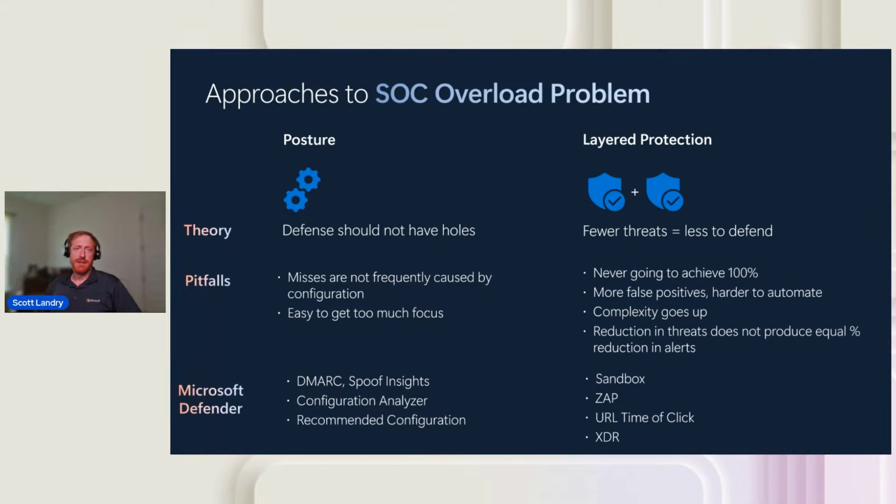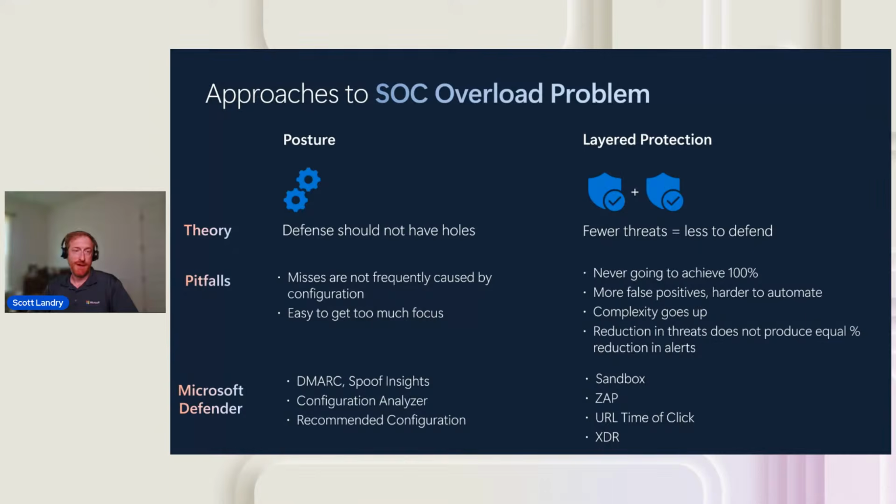This is another big one. Reduction in threats does not produce an equal reduction in alerts, right? We talked about that problem earlier where maybe you only have 700 threats in your environment, right? But you do have like 7, 8, 10,000 alerts. Reducing the actual number of threats by maybe half, maybe to 3,500, which is what we might typically see with a multi-layered approach.